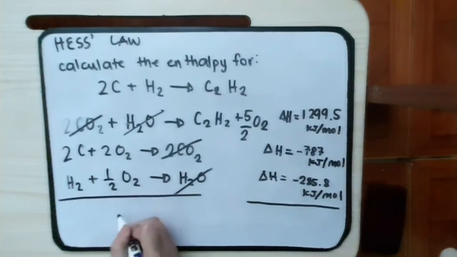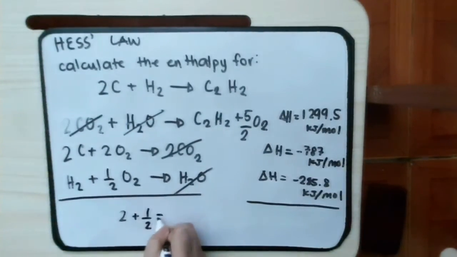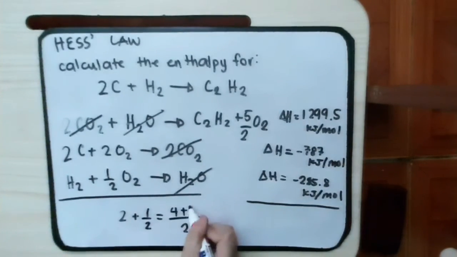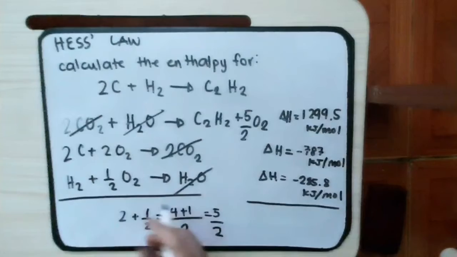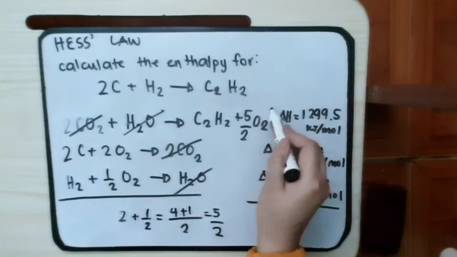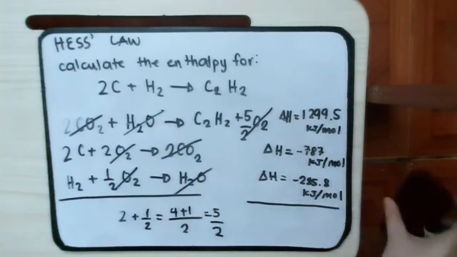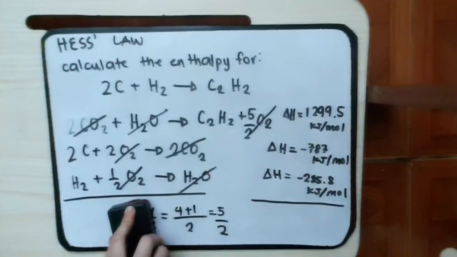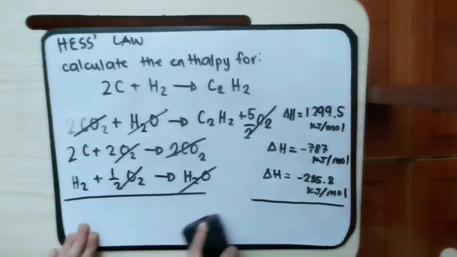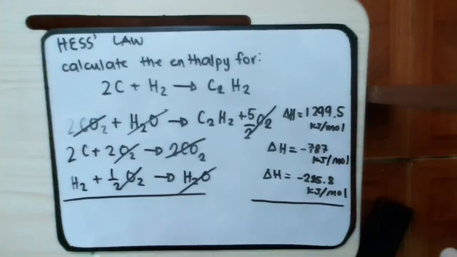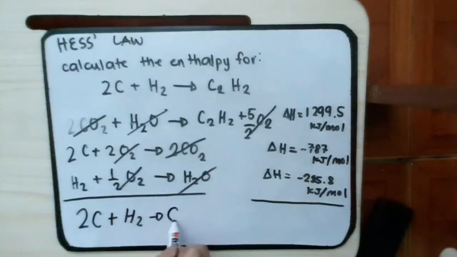Adding these, 2 plus 1/2 is equal to, with LCD 2, 4 plus 1, which is 5/2. They are the same, so we can cancel them all out, leaving 2C plus H2 yields C2H2.